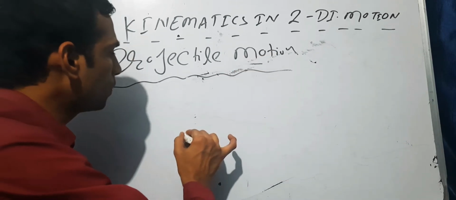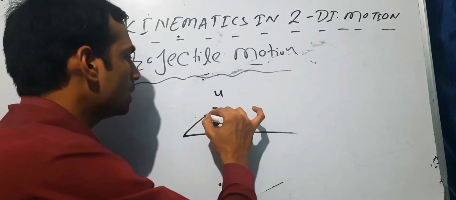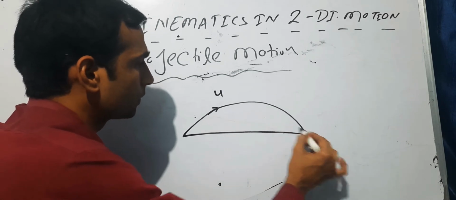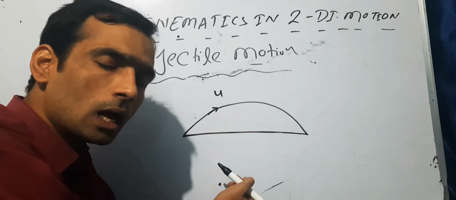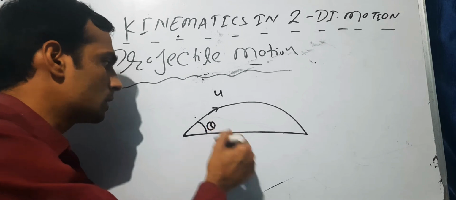If you project a particle at an angle theta, the path of the particle is parabolic, and this is known as a projectile.